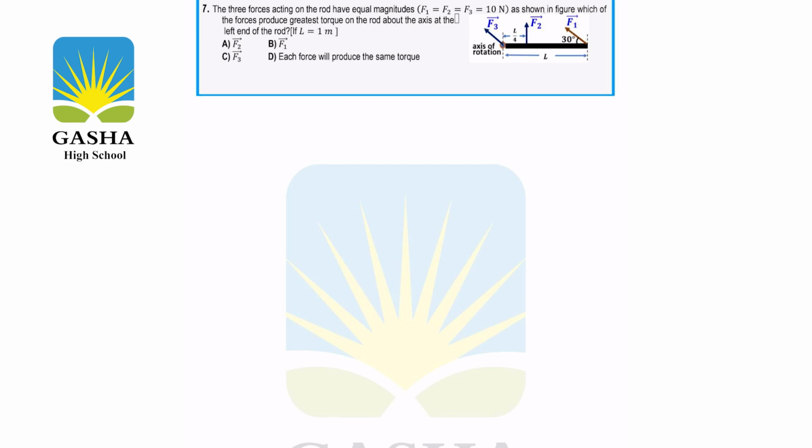So we have the length as well, and we have the value of force, which is equal in all of them. Let's look at the figure and determine which force produces the greatest torque. You have to know that torque is equal to F d sine theta. Since the forces are equal in all of them, we can't determine which force produces a greater torque by force alone.